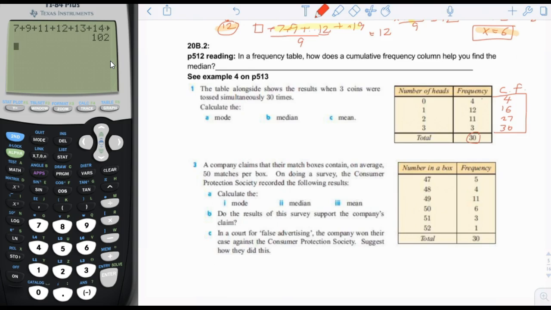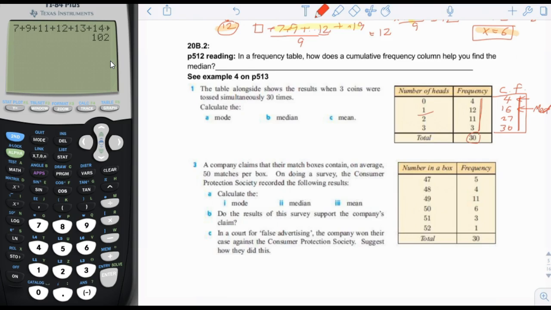Well, this doesn't really tell you that, right? But this does. Because when you look at this, you can say, oh, here's the 4th number, here's the 16th number, and you're all like, oh, there it is. The 15th and 16th number is inside this row. Okay, so the median is going to be 1. All right? Okay, so that's how it helps.